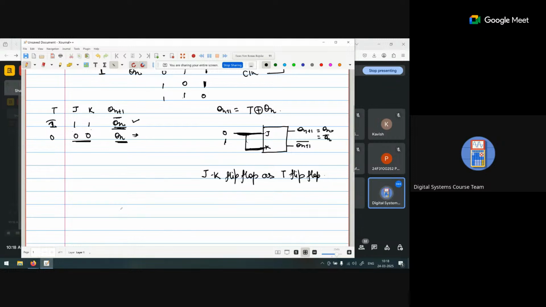So what should we do? If T is 1, that means J and K are both 1, so we just short them. When T is 0, that means J and K are both 0. So we short these two terminals.